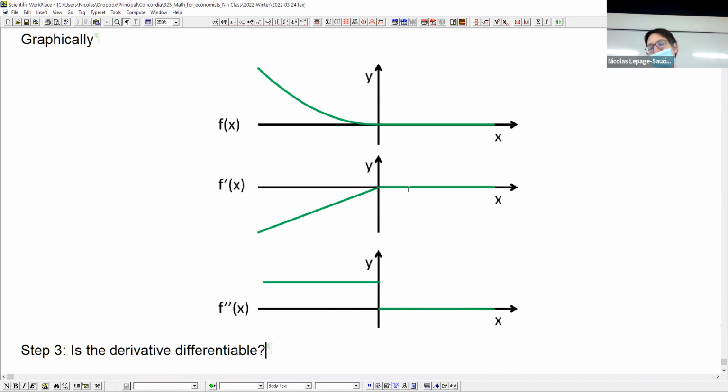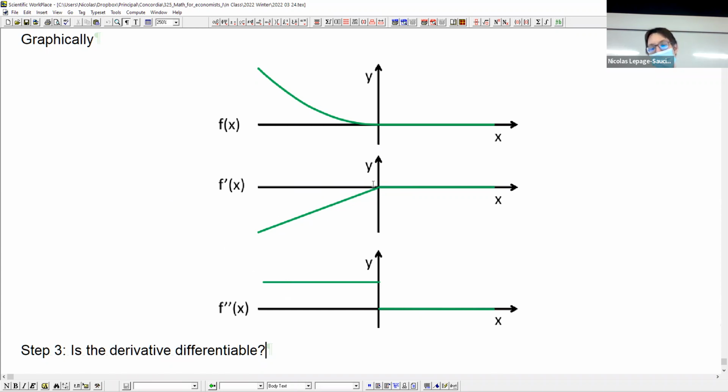differentiable. And another way to express it is to look at the second derivative. Here the second derivative is positive on that side. That's this value there. It's always the same value because it's a constant derivative.